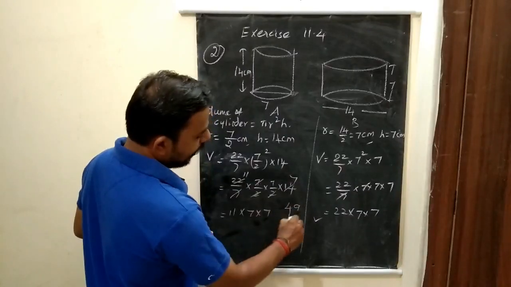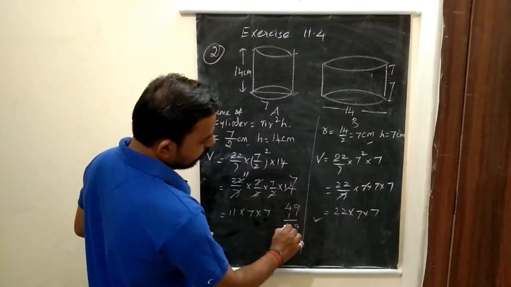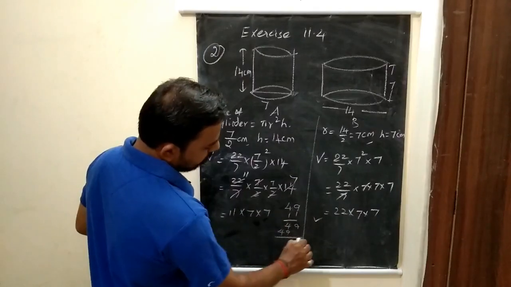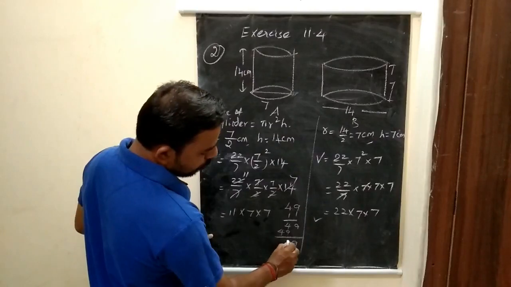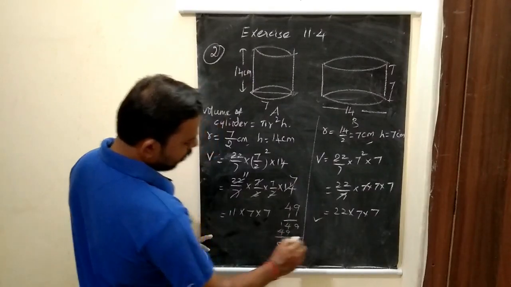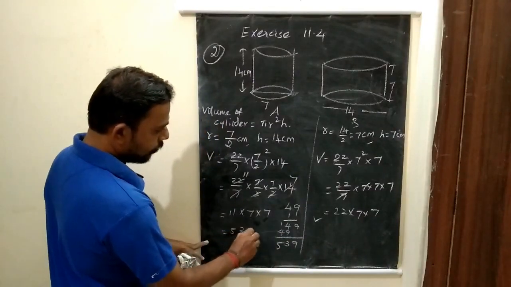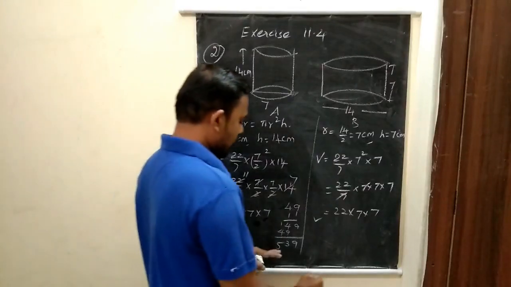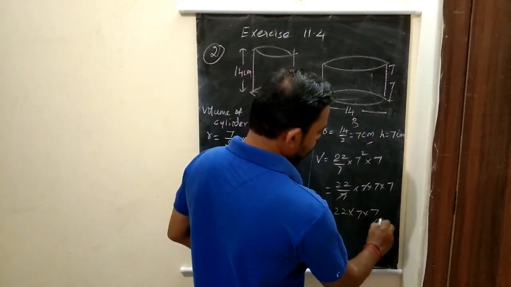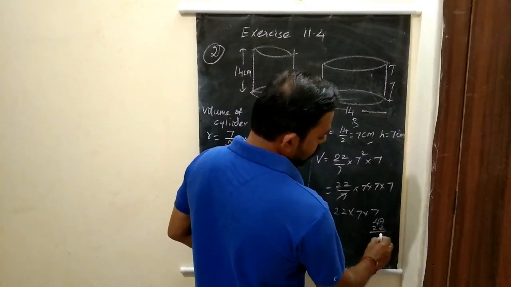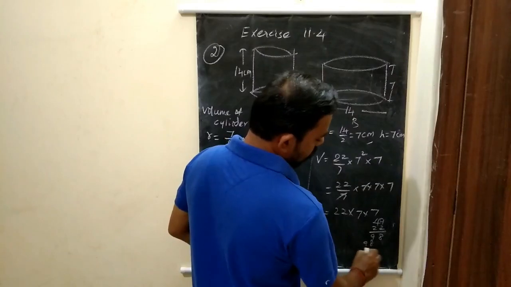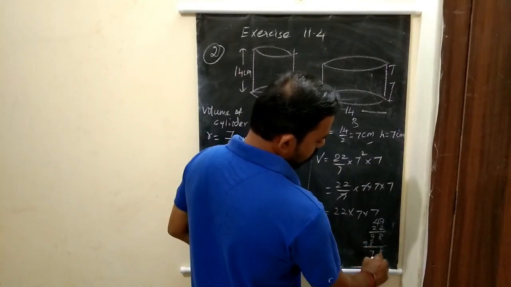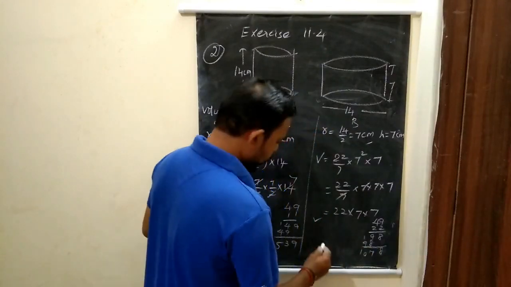Anyway, you can find that answer. 7 7s are 49, into 11 is 539. Here 49 into 22 is 1078.